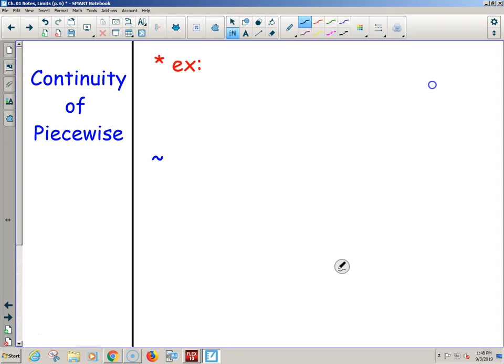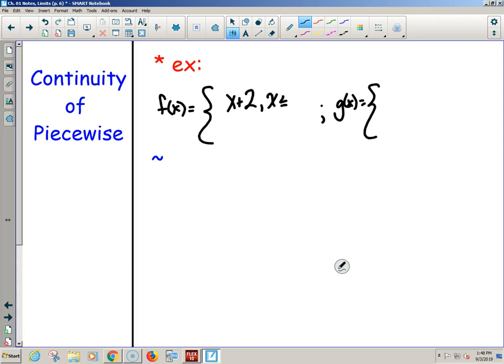One of them, what if I was to give you f of x is equal to, and then another one, let me give you g of x. Let's do something simple like x plus 2 for x less than or equal to -1.